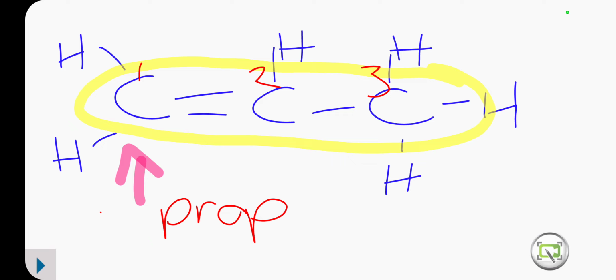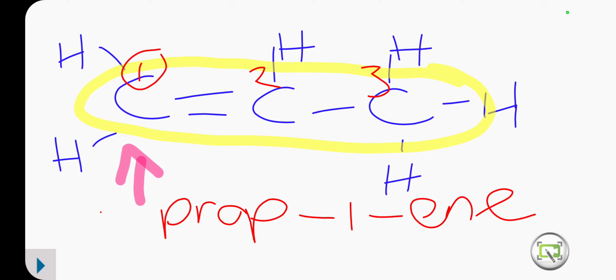But we indicate for naming purposes the lowest number carbon it is connected to. So we have prop because it's 3 carbons, and then the double bond is connected to the lowest carbon being 1. We don't mention the 2, we mention the lowest number. So it is prop dash 1 dash and then ene because it is a double bond. There you go, not too bad, eh?